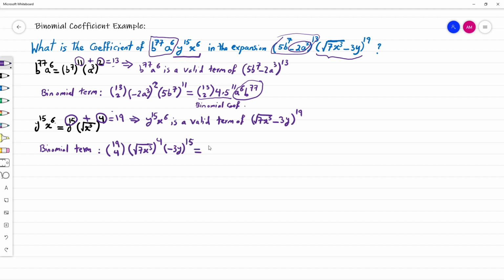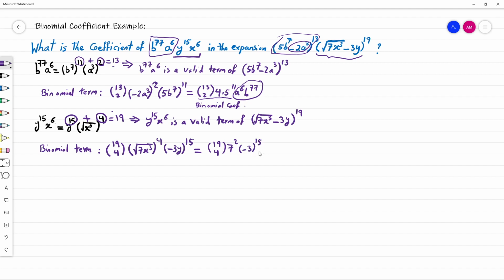What we get from this is 19 choose 4. You can see that from the square root of 7 to the power 4, we get 7 to the power 2, which is 49. And from this component, we get minus 3 to the power 15. So I can write it down as minus 3 to the power 15.